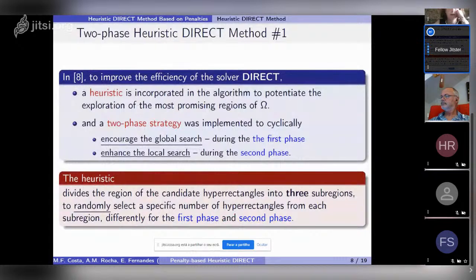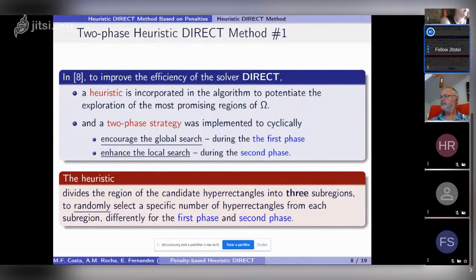Now I'm going to briefly give some ideas about the heuristic direct method presented in 8. To improve the efficiency of direct method, a heuristic is incorporated in the direct method to potentiate the exploration of the most promising region of the search space.